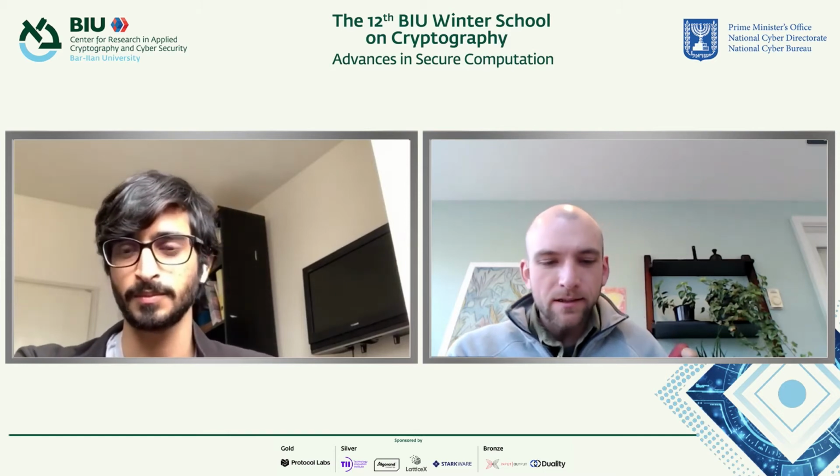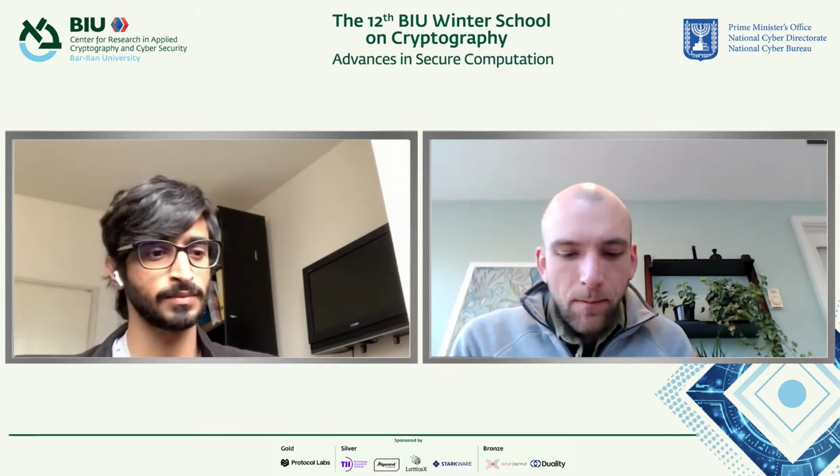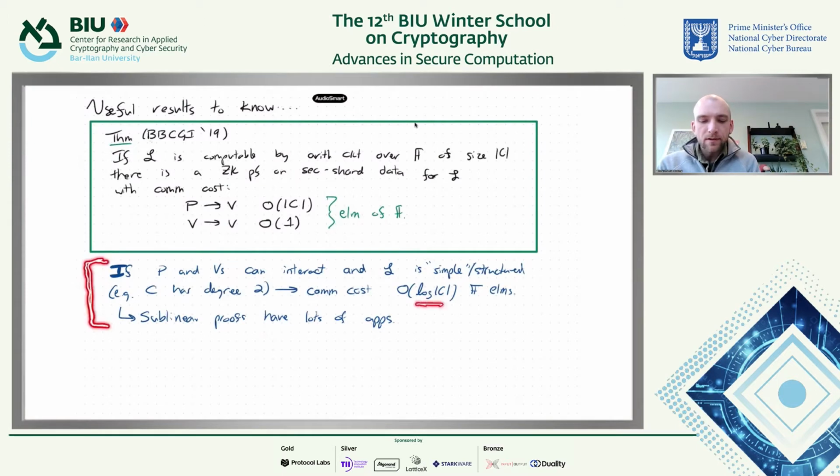Great question. There's a couple of ways to answer that. I think the easiest way is, if you look down here, if you actually ran an MPC to check this predicate, the MPC would probably have communication linear in the circuit size, because typically in MPC protocols you have to communicate some bits for each gate in the circuit.